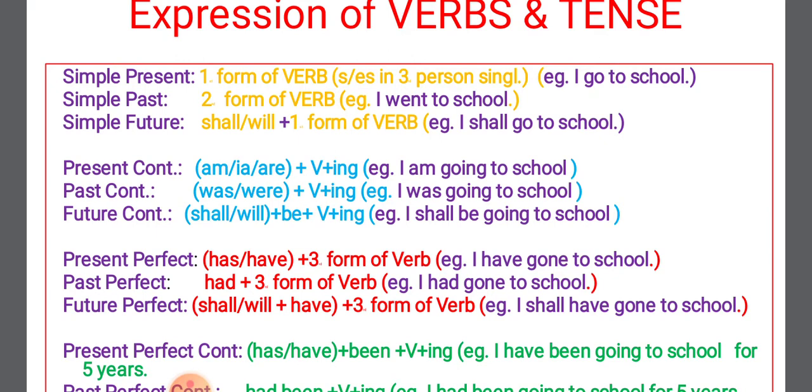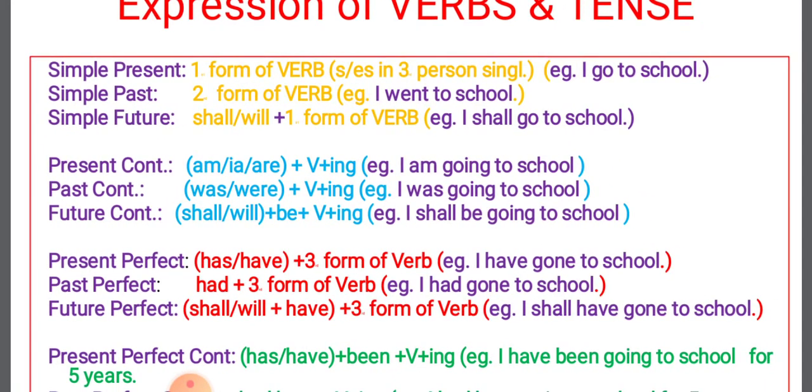If I use this sentence for present continuous, the options are am, is, or are. Out of this I have to choose, like I am going to school. The subject verb agreement says that I will take am, not is, neither are. So I am going to school. In the past continuous form, what will we use? I was going to school. In future, I shall be going to school.